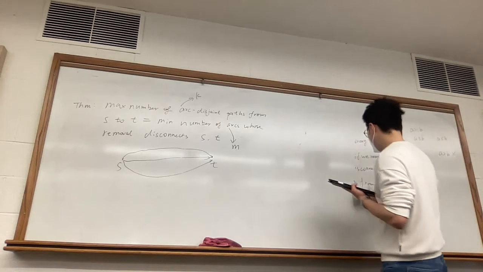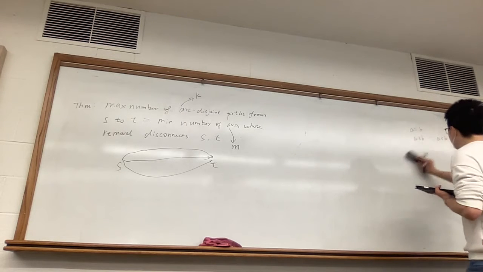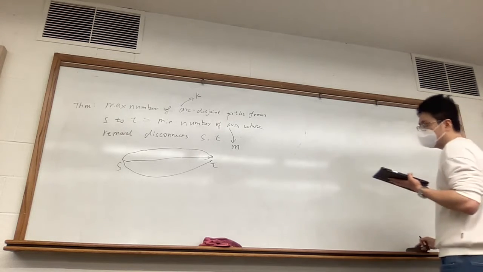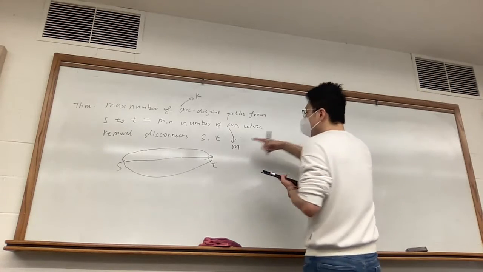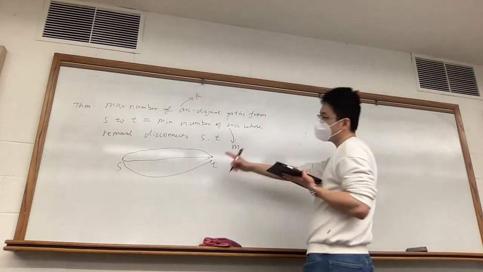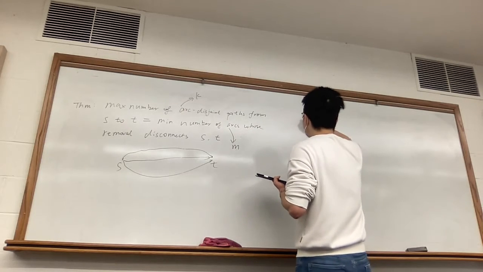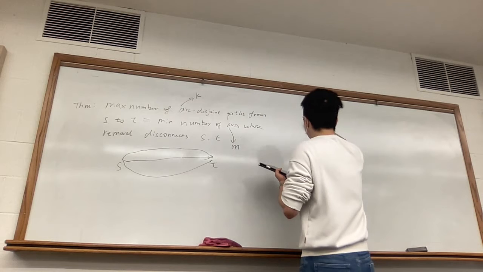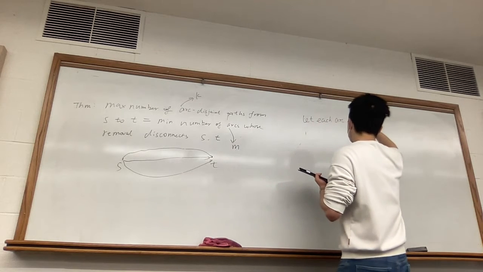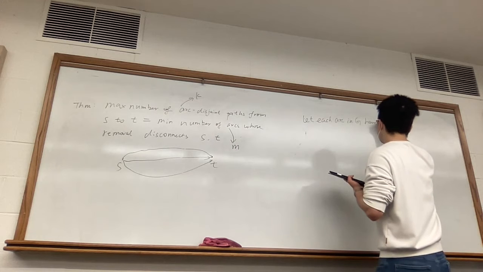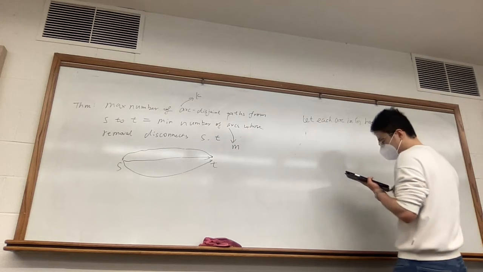Okay, this is my reasoning, but in the textbook, I saw a very clever proof. So what is the very clever proof? We transform this problem into a max flow min cut problem. We let each arc in the graph G have capacity 1.